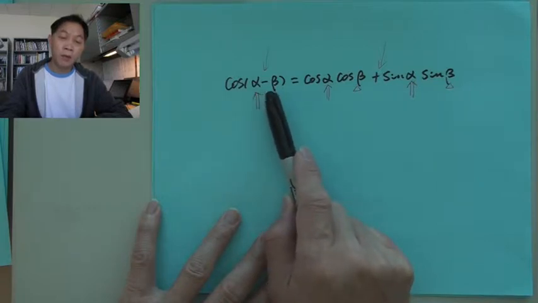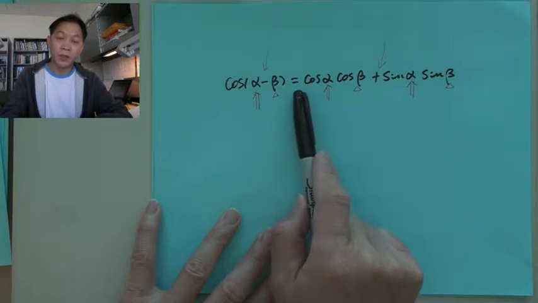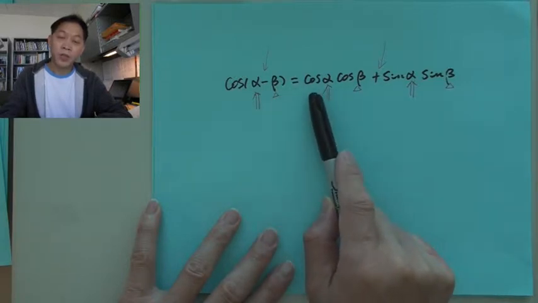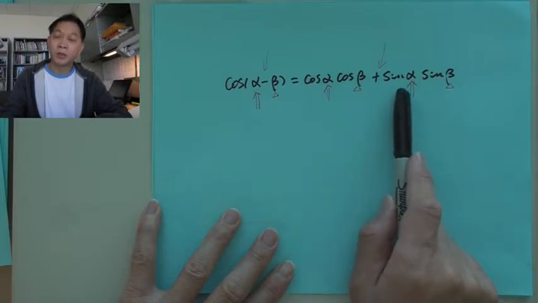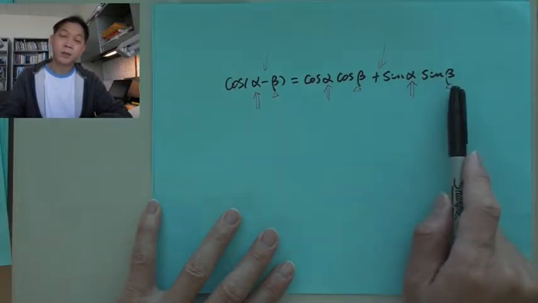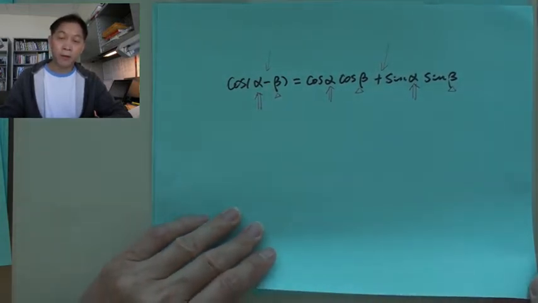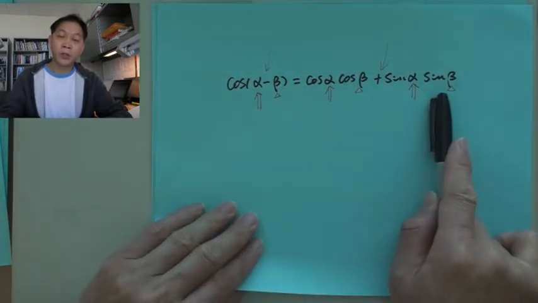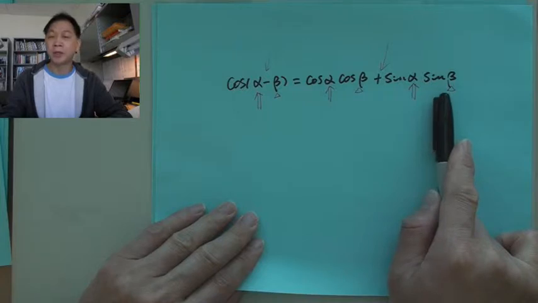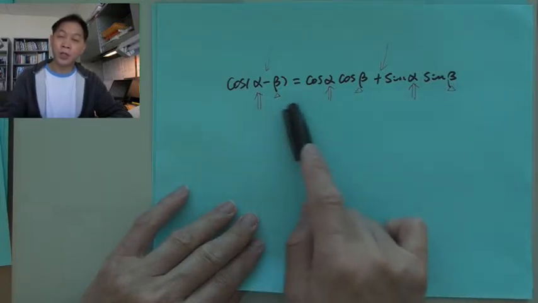Cosine alpha minus beta actually equals cosine alpha cosine beta plus sine alpha sine beta. After the proof is done, then I will show you how to remember it. Right now, it looks overwhelming.